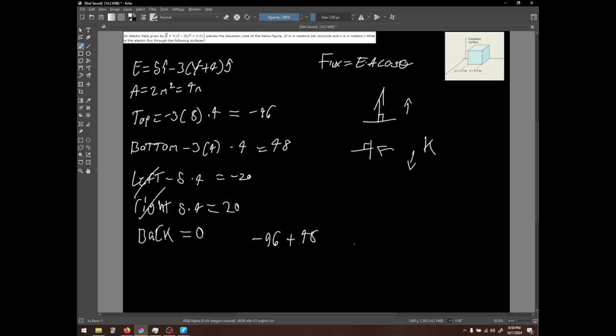So yeah, negative 96 plus 48. I'm getting negative 48. And 0 for the back face. Yep, everything's right. Awesome.